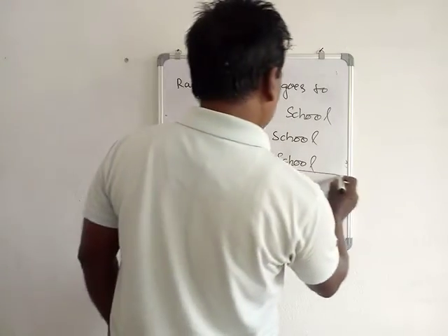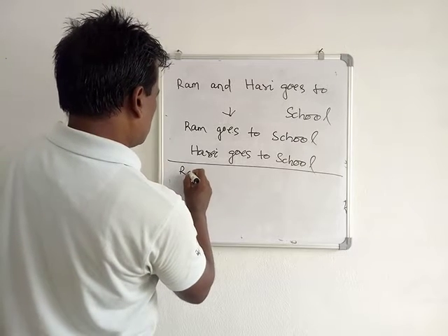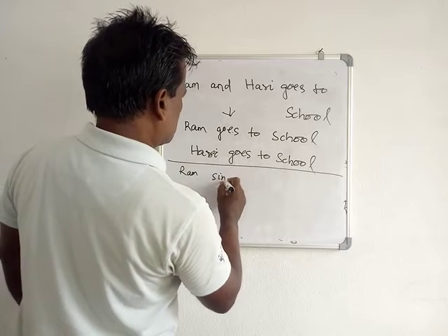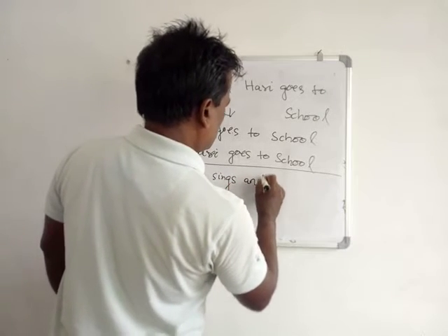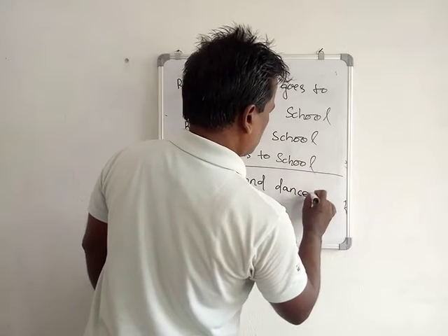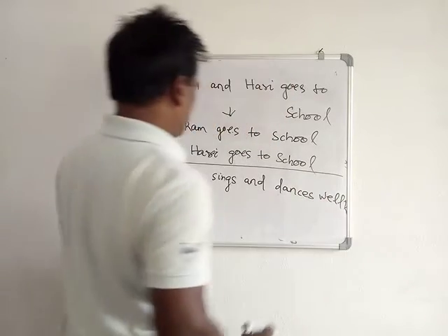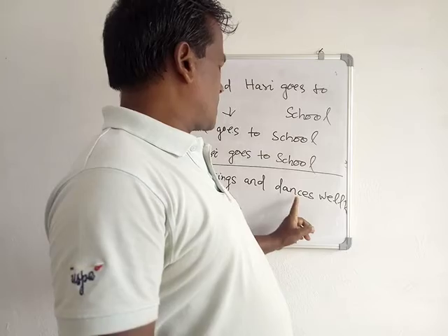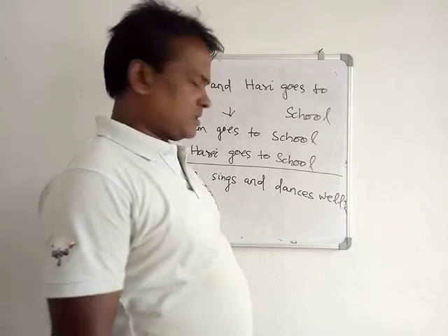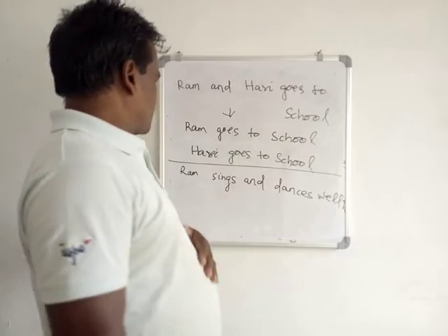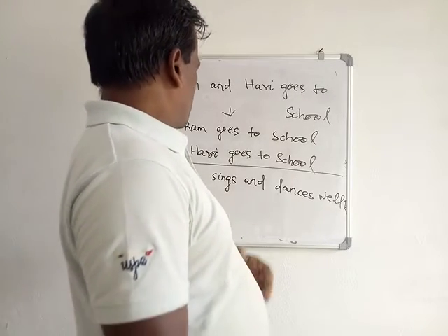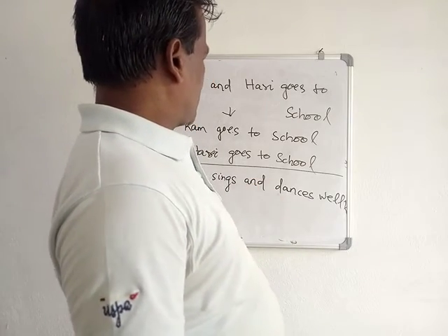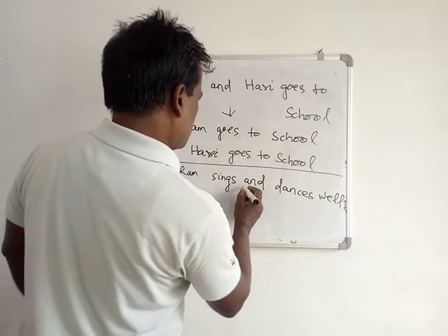Similarly, another example, Rama sings and dances well. In this sentence, there is one subject Rama, but there are two verbs, sings and dances. Is it a sentence? Yes. As in the definition of sentence, we have learned a sentence consists of clauses. Can it be two clauses? Let us discuss.